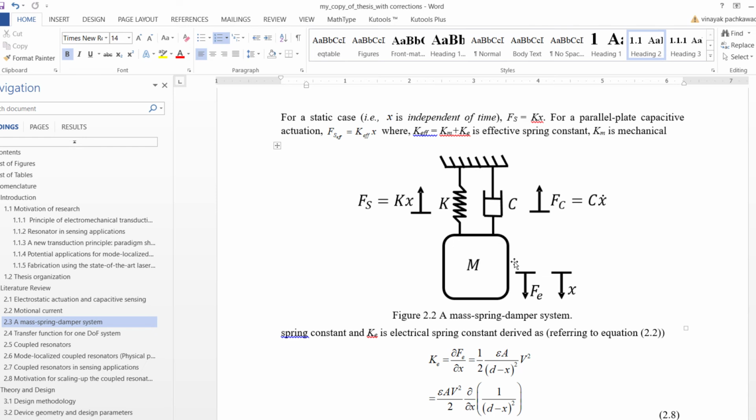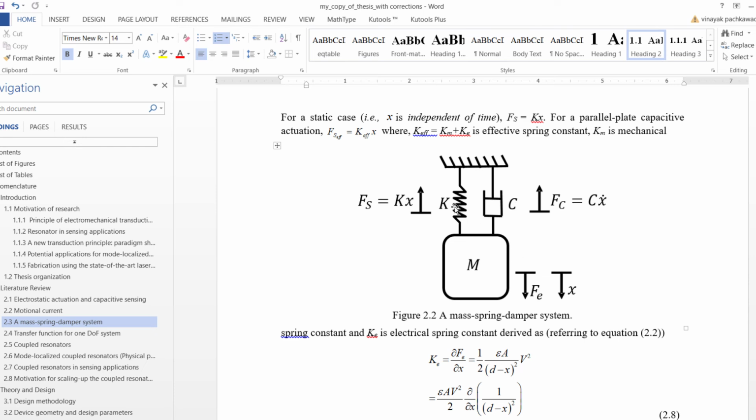As we can see over here, there is a proof mass M, which is suspended by this spring indicated by K. And of course, when there is a movement of this proof mass, it'll have certain velocity that gets opposed by this damper over here. That's indicated by C. It's called the damping coefficient or damping constant.